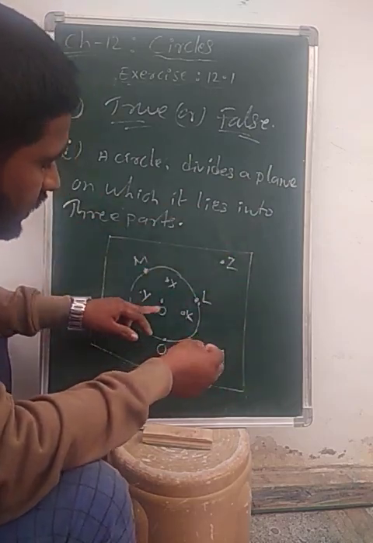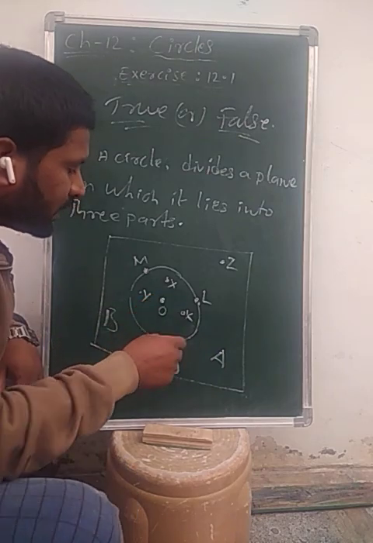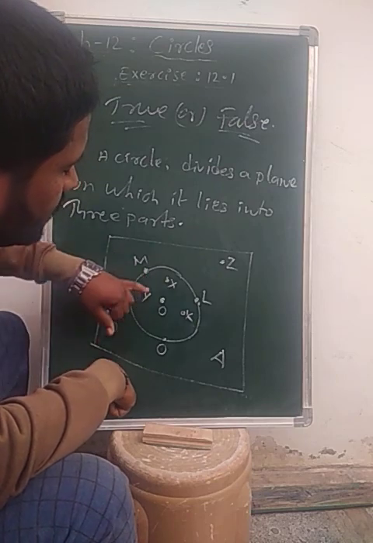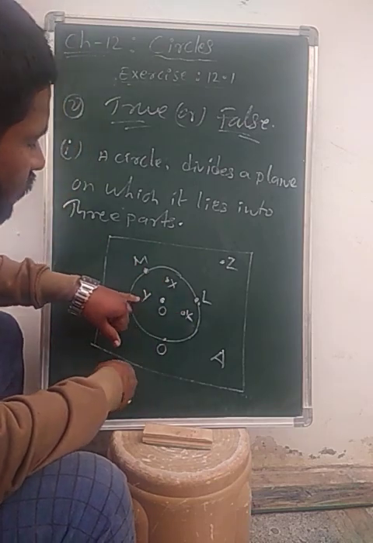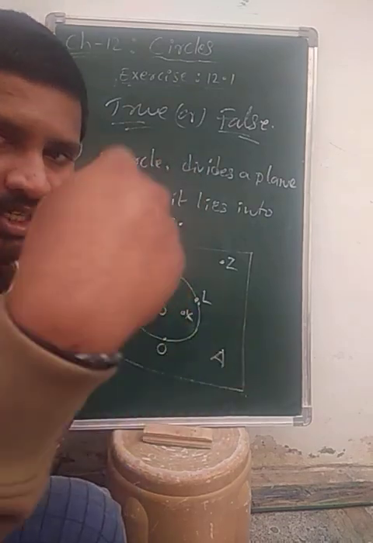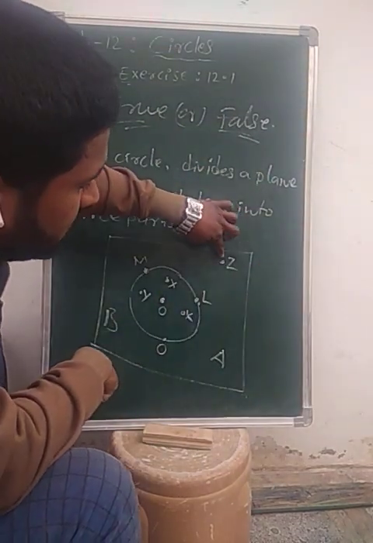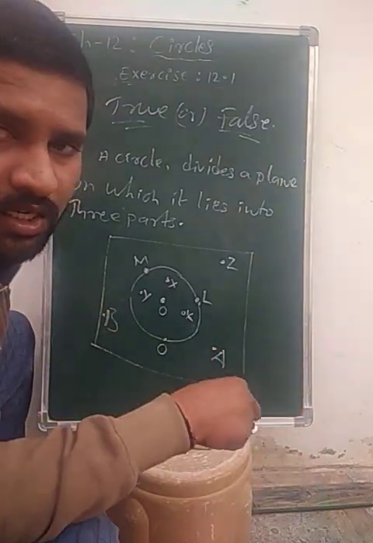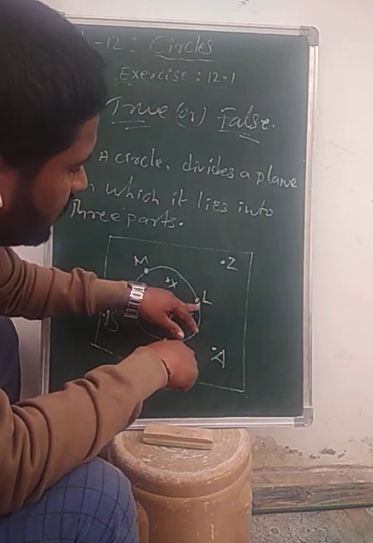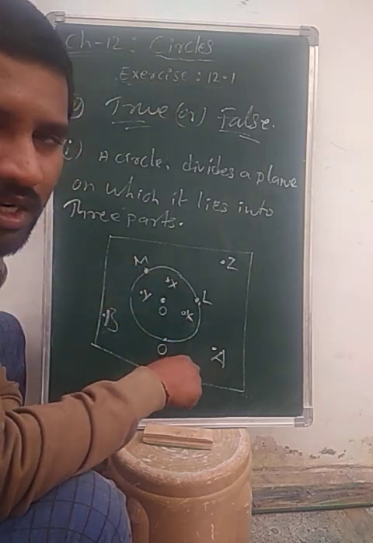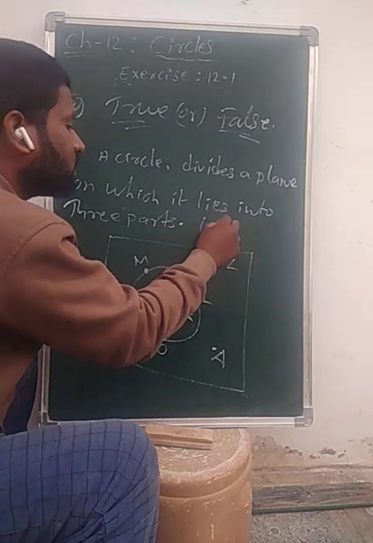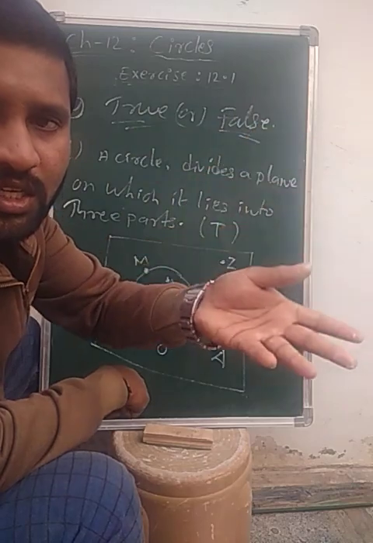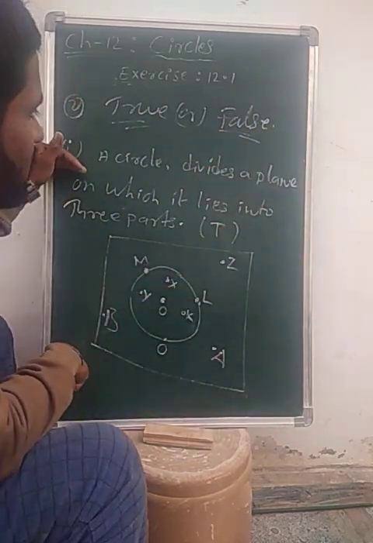It is a circle with center O. The interior part is the inside region X, K, Y. The exterior, outside region, is Z, A, B. And on the boundary, L, M, O. So the given statement has 3 parts: inside, on the boundary, and exterior outside. So the given statement is true.